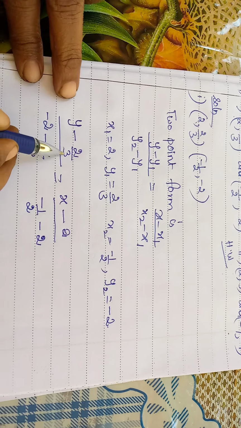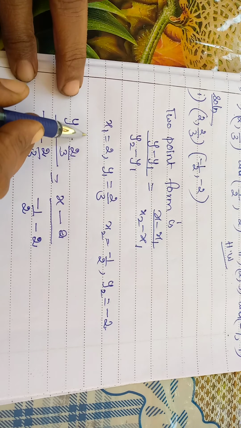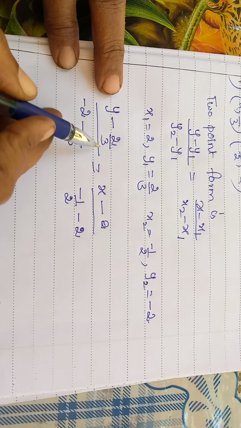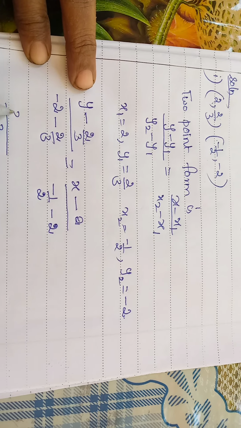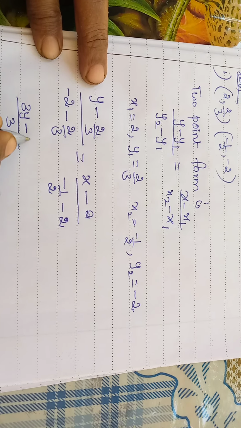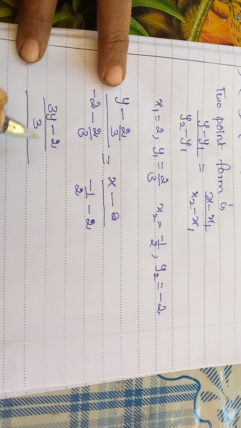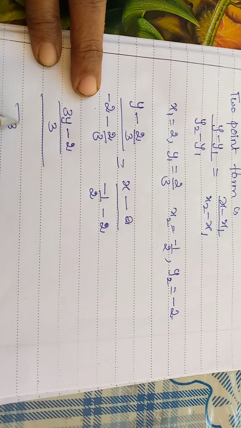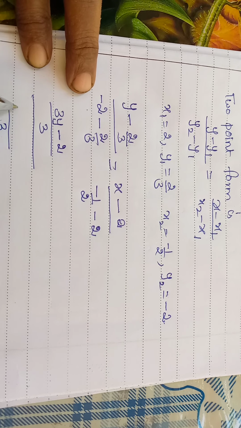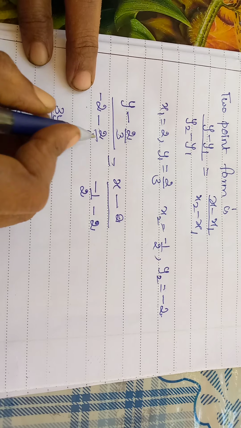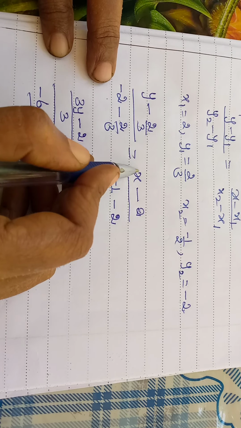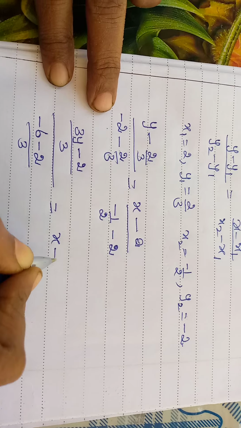Okay, so now let us take the LCM. So the LCM of these terms is 3. So the numerator is 3 into y, 3y minus 2, divided by, come to the denominator this side. So here also LCM is 3. 3 into minus 2 is minus 6 minus 2, is equal to, here x minus 2 as it is, we can write x minus 2.